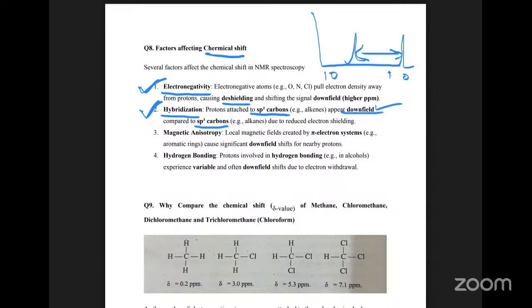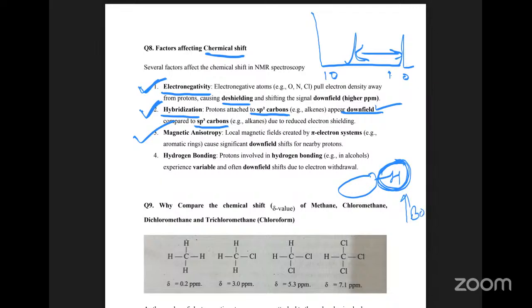That means downfield. Magnetic anisotropy: suppose we have a system having a proton. This proton induces a magnetic field, and it is placed in a strong magnet.